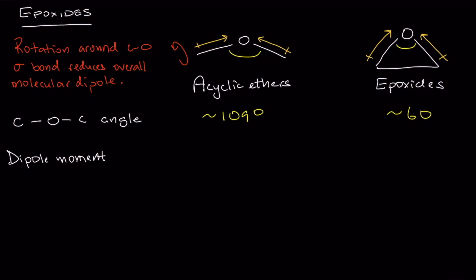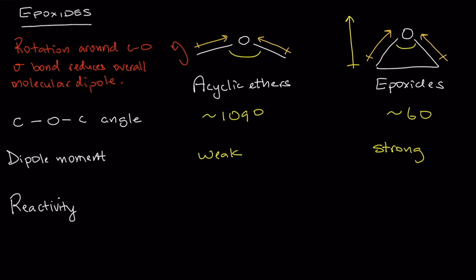However, in your cyclic ether, specifically your epoxide, those CO bond dipoles are fixed. They're fixed in a particular direction, which will on average be a larger overall molecular dipole towards the oxygen. So while the dipole moment in acyclic ethers is relatively weak, your epoxides have pretty strong dipole moments.